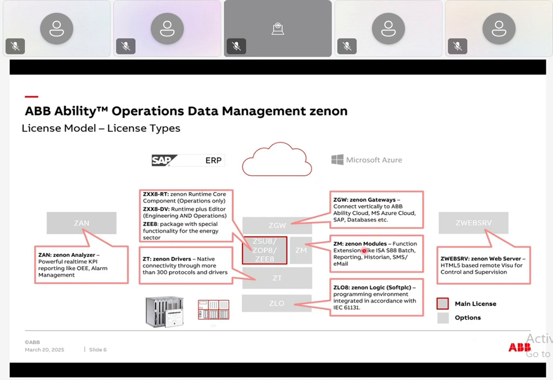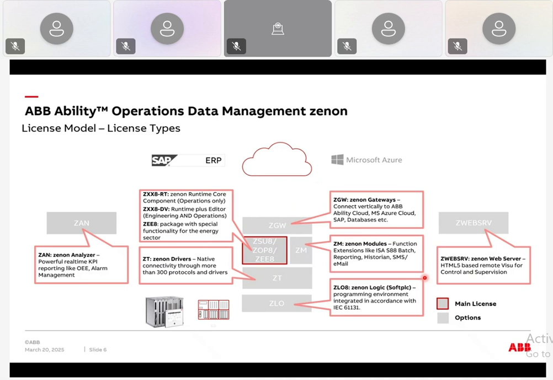Next, you need to take modules. If you are using an AC500 PLC with ABB Zenon, we have a driver which is free. You get the AC500 driver free of cost in order to integrate the AC500 PLC and ABB Zenon. If you want to integrate with any third-party devices, then you need to purchase the drivers.